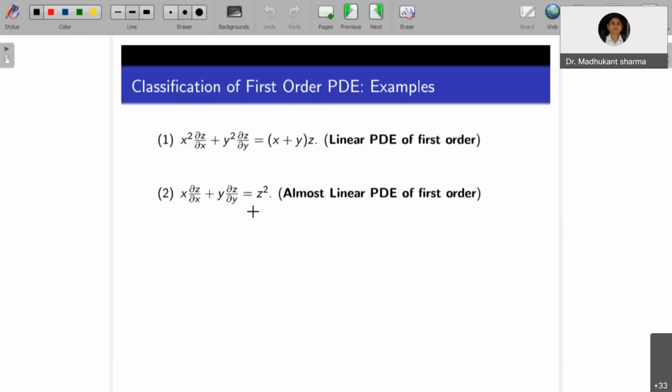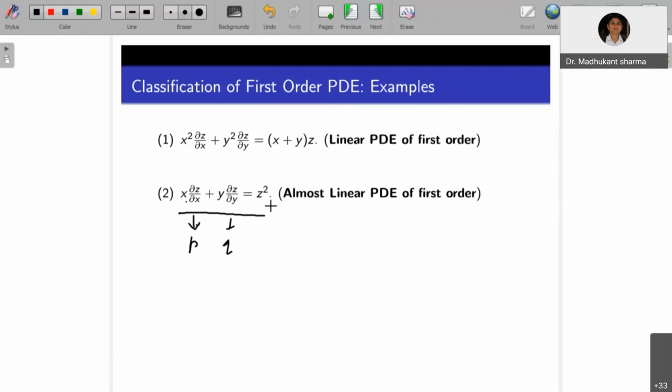Now let's look at this equation. Again, the P and Q coefficients on the left hand side are functions of X and Y only, and the right hand side is not linear in Z. So in other words, the left hand side is linear in P and Q, meaning the P and Q coefficients are functions of X and Y only.